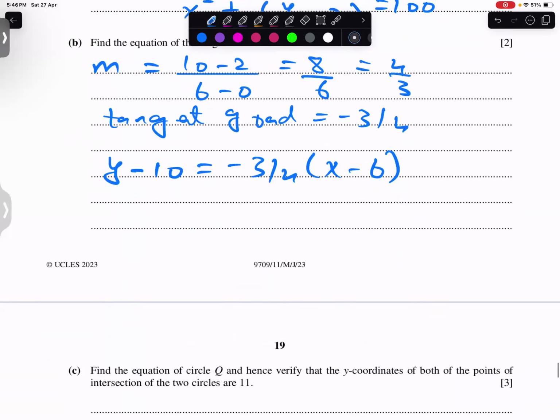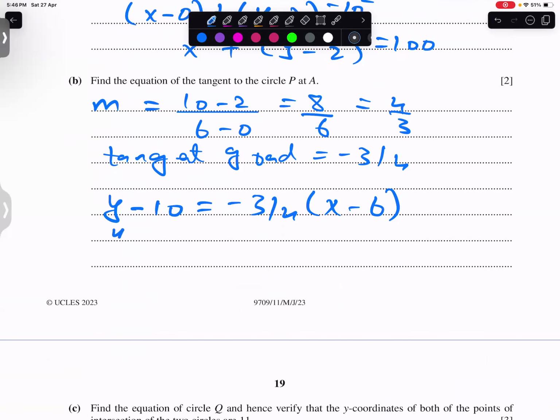So y is equal to minus 3 by 4x plus 18 over 4 plus 10. Okay? So the equation of the tangent is y is equal to minus 3 by 4x plus 29 over 2.